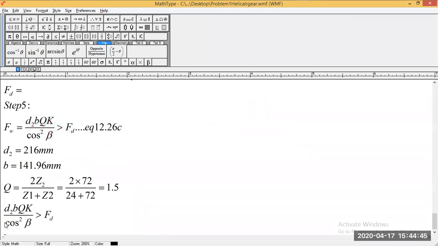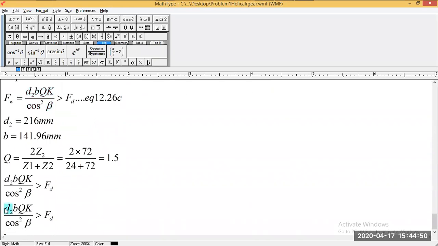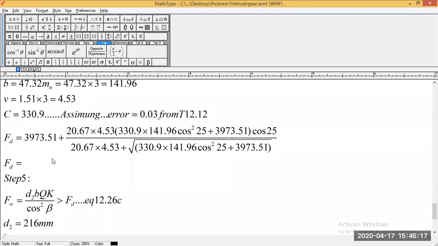So this means D2 is 216 into B is 141.96 into Q is 1.5 into K, and we'll write this beta is 25 degrees as given in the question. And FD, anybody found out FD? Nobody here.